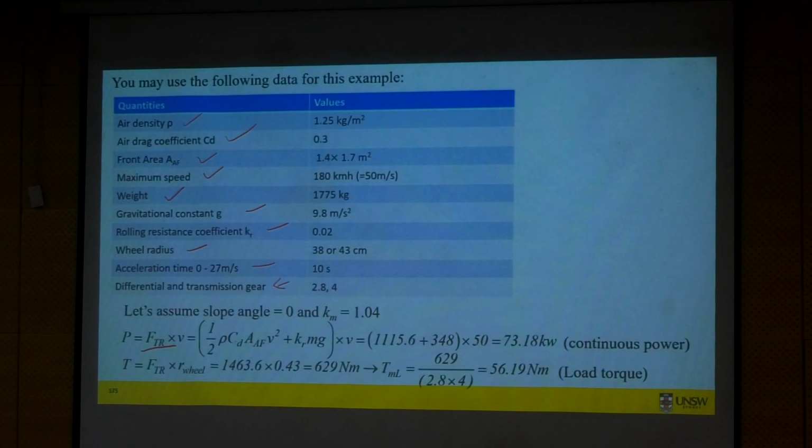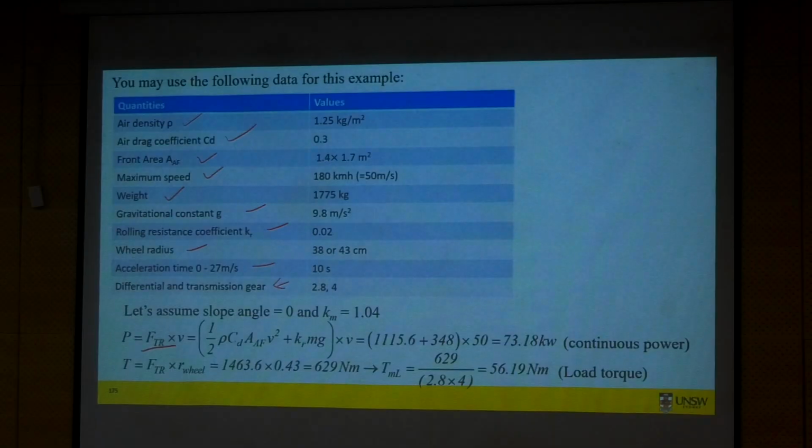So here, just showing you some calculation, the power for this particular machine of this particular car was found to be 73 kilowatts. Torque is 56 Newton meters. This is just without the acceleration part.